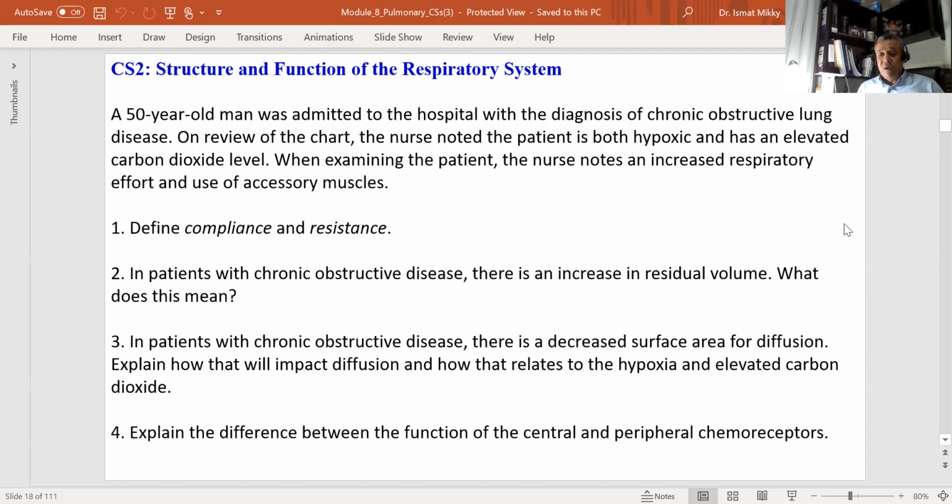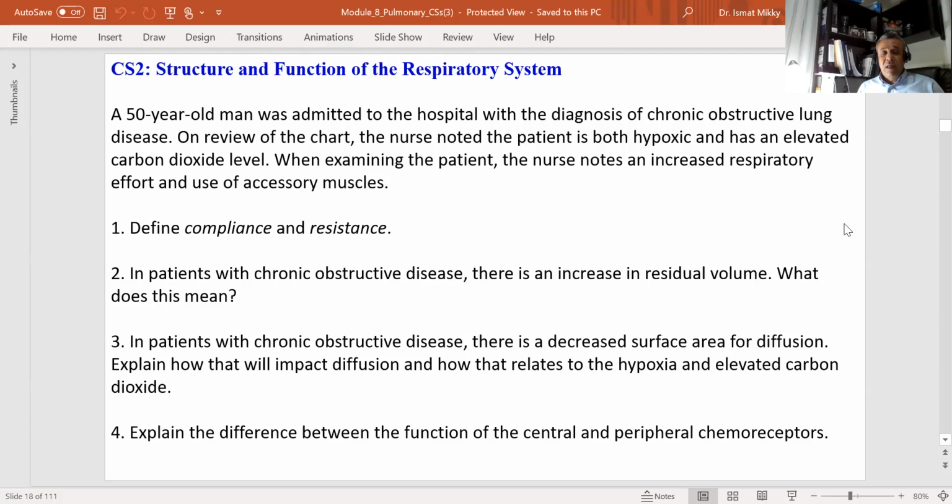Increased CO2 levels in the blood will increase the hydrogen ion levels in the cerebral spinal fluid. That will stimulate the central chemoreceptors that are located near the respiratory center in the brain stem.